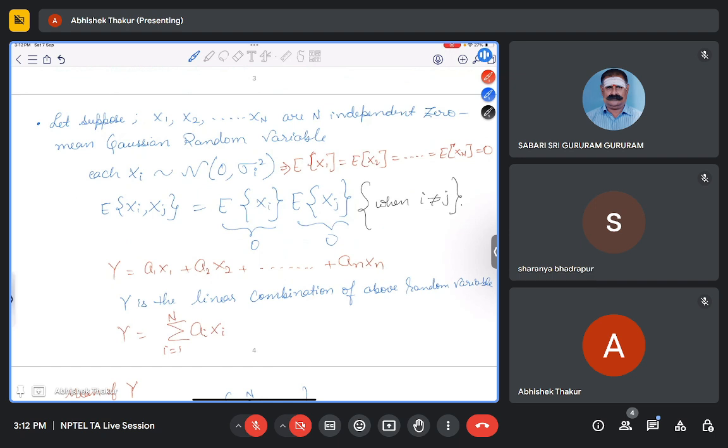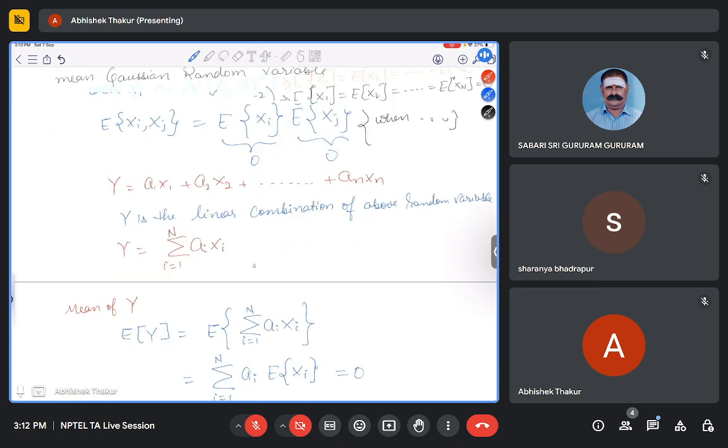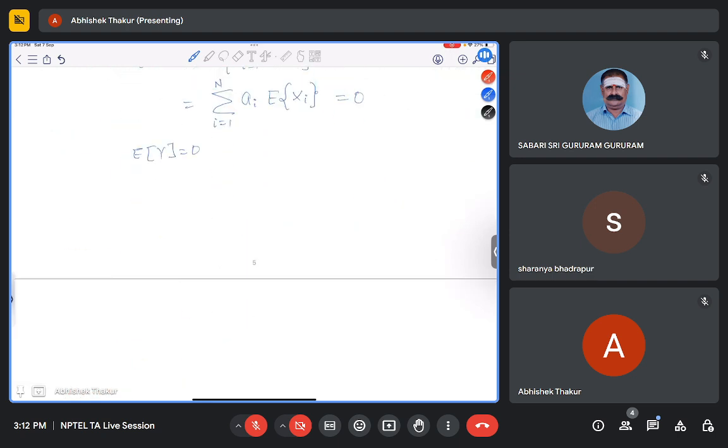Now we will see the variance of y. Y is actually the linear combination of the above Gaussian random variables. Now we will find expectation of y square.